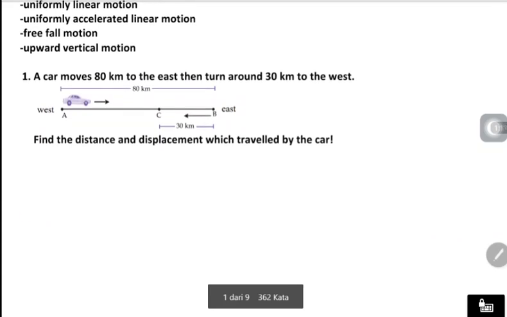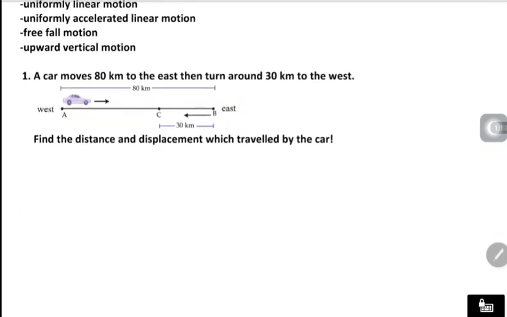A car moves 80 kilometers to the east, then turns around 30 kilometers to the west. Find the distance and displacement which travel by the car.